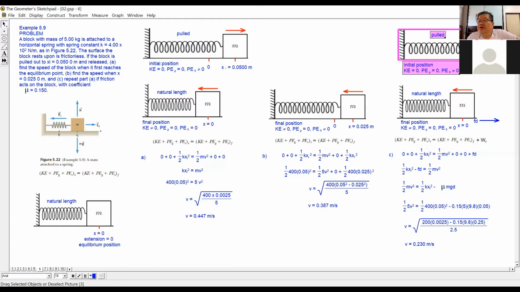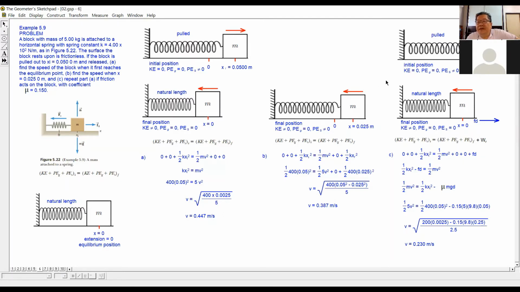The initial position is 0.05. Stretch it 0.05 and stop there. Don't release it yet, and analyze the situation. The situation is kinetic energy 0, gravitational potential energy 0, and spring potential energy, we use the formula, right? So this is the initial position.